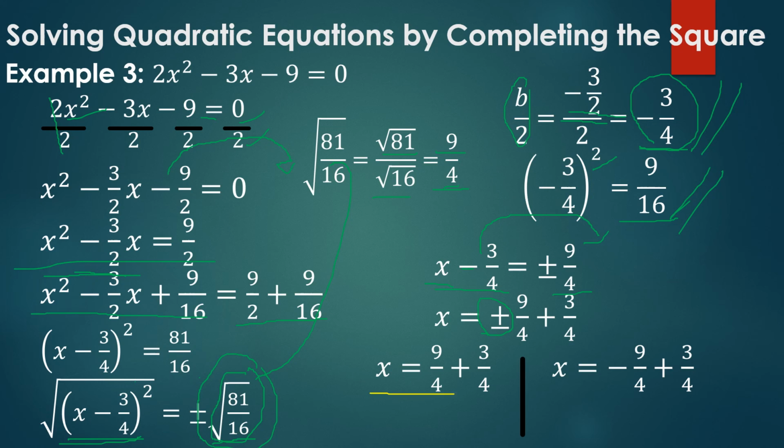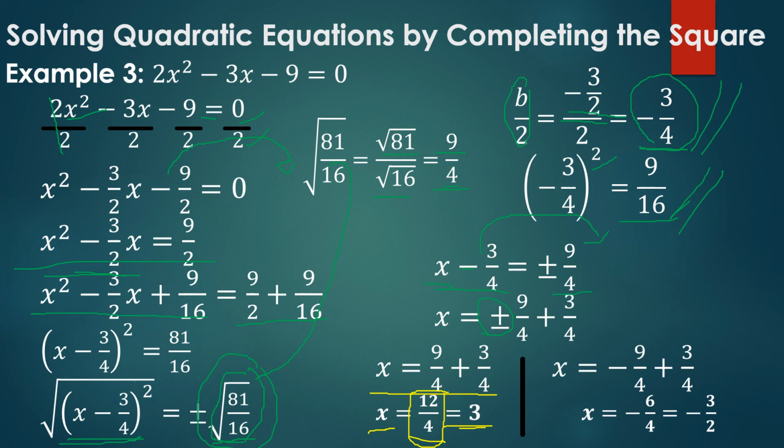By simplifying this one, 9 over 4 plus 3 over 4 will give us 12 over 4, and we can simplify 12 over 4, right? 12 divided by 4 is equal to 3. Therefore, one solution or one root of this equation is 3.